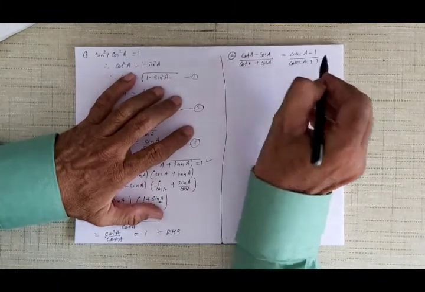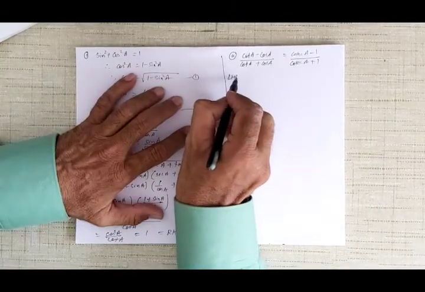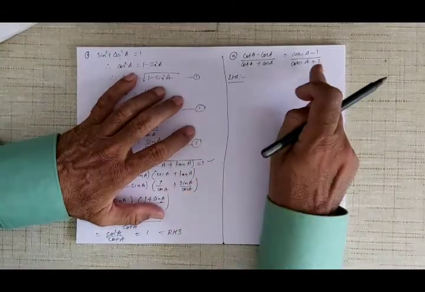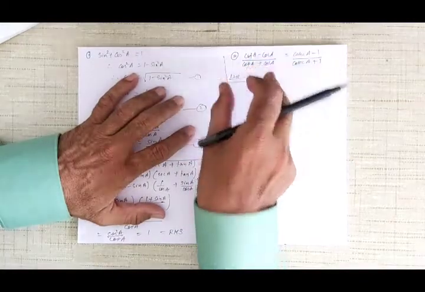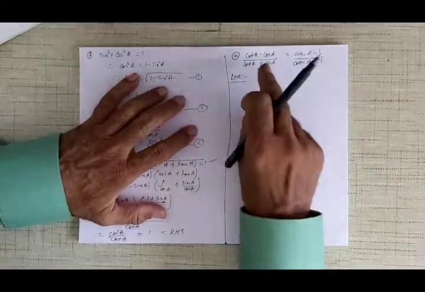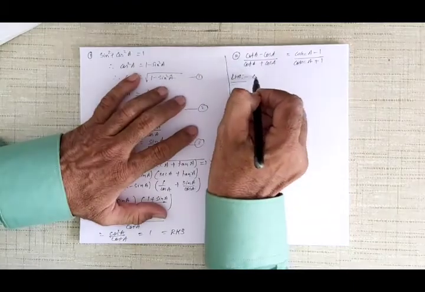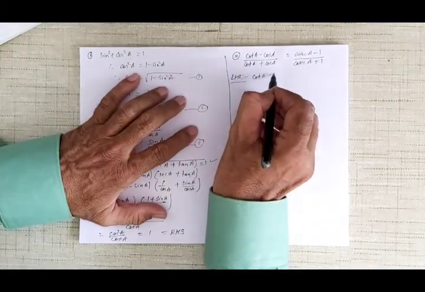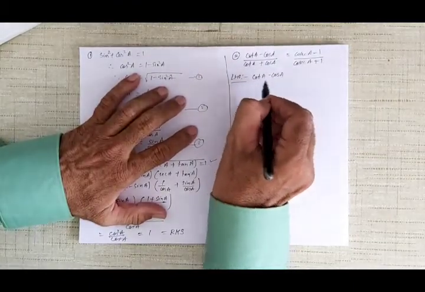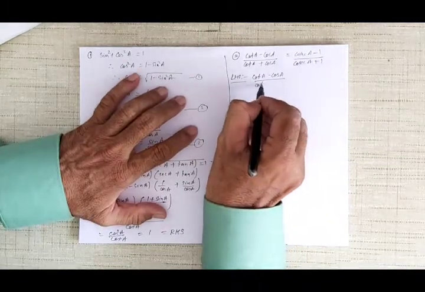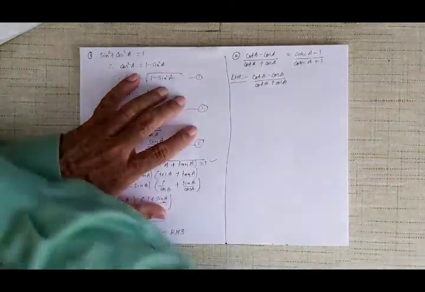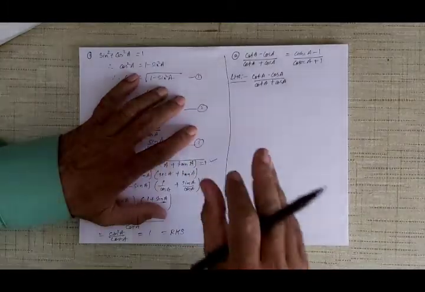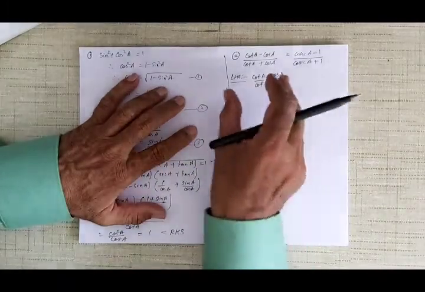Now again, we start with the left hand side. Remember, you can even start with the right hand side and show that it is equal to the left hand side. Or you can simplify both the sides and show that they are equal. Generally we start with the left hand side. So we are starting with (cot A minus cos A) upon (cot A plus cos A). This is your left hand side. What we are doing is simplifying this by taking the left hand side.